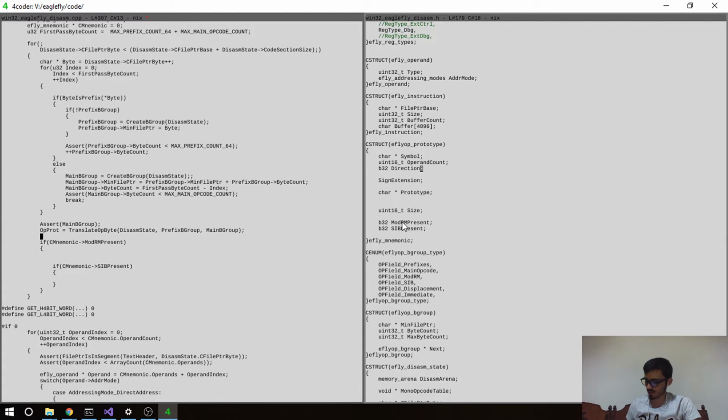So the addressing attribute has to be resolved in that call. That's important. The operands have to be also resolved there.